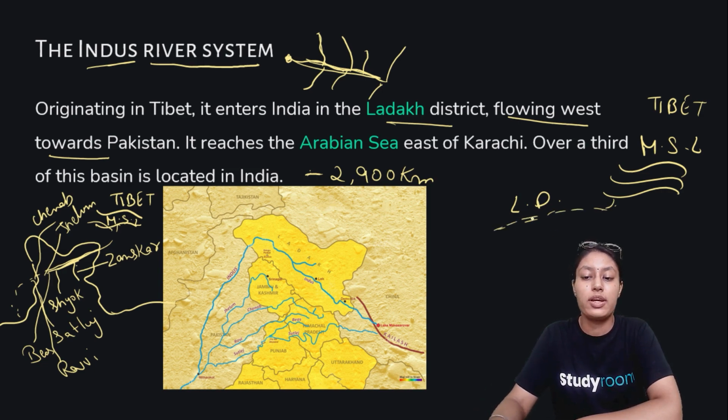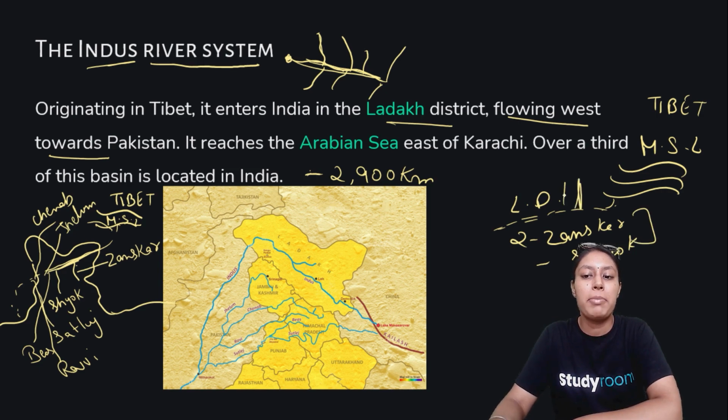This is very important. The two major tributaries that accompany the Indus River are Zaskar and Shyok. Yes, these are the two major tributaries.